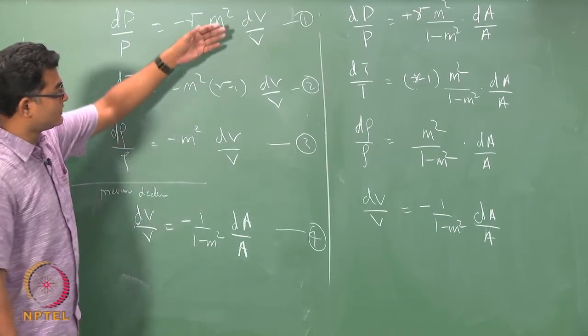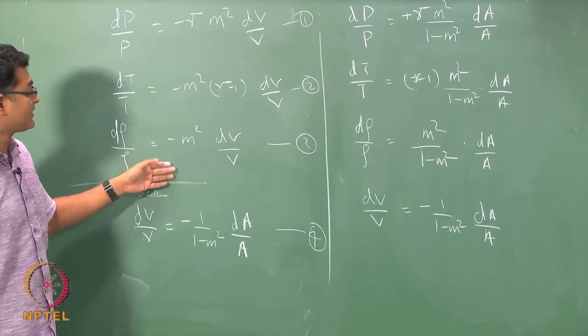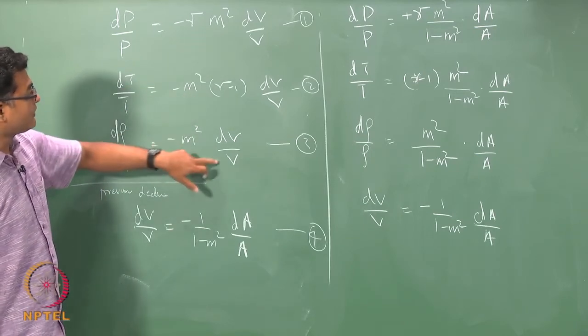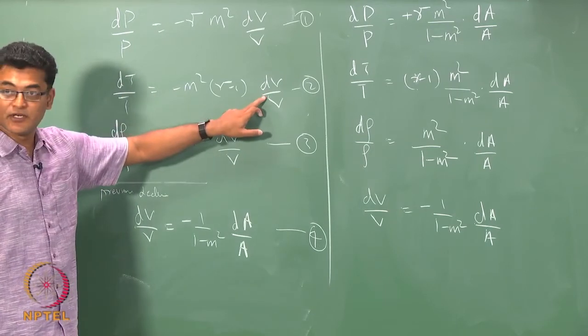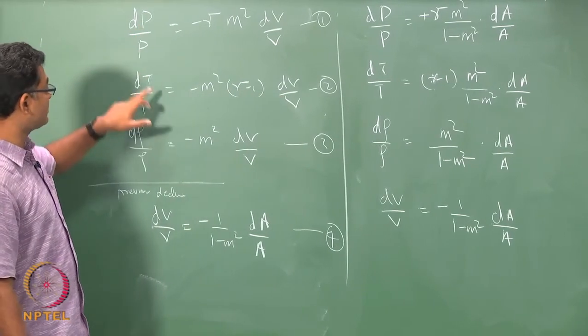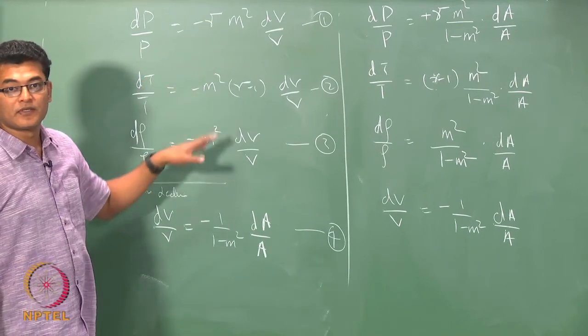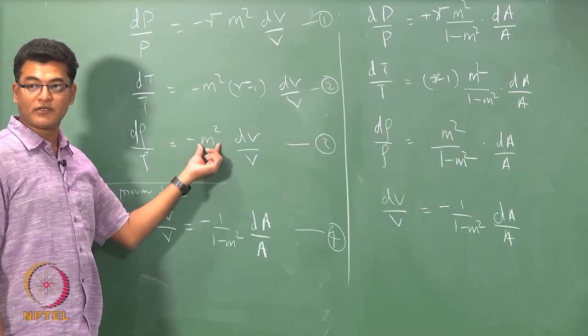Now, if you look at the left hand column equations, these are all M squared. So, whatever relation we have been talking about between fractional change in velocity and fractional change in pressure, temperature or density holds for any Mach number, because this is a positive quantity.